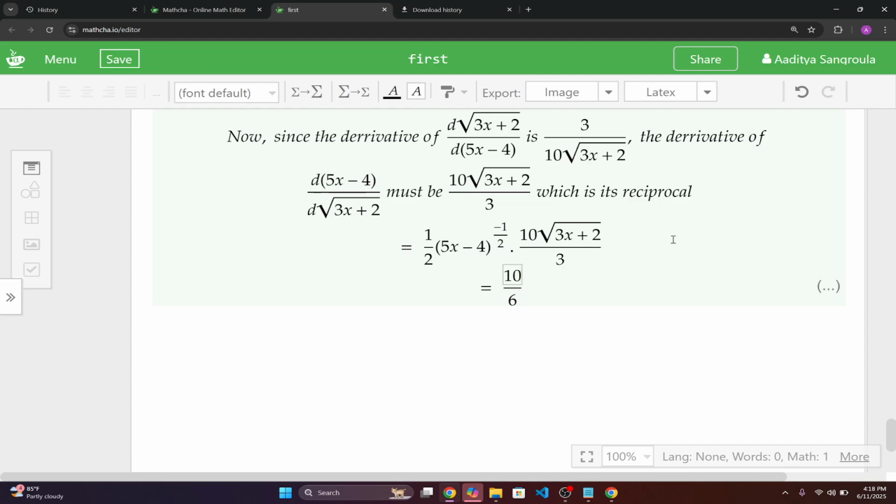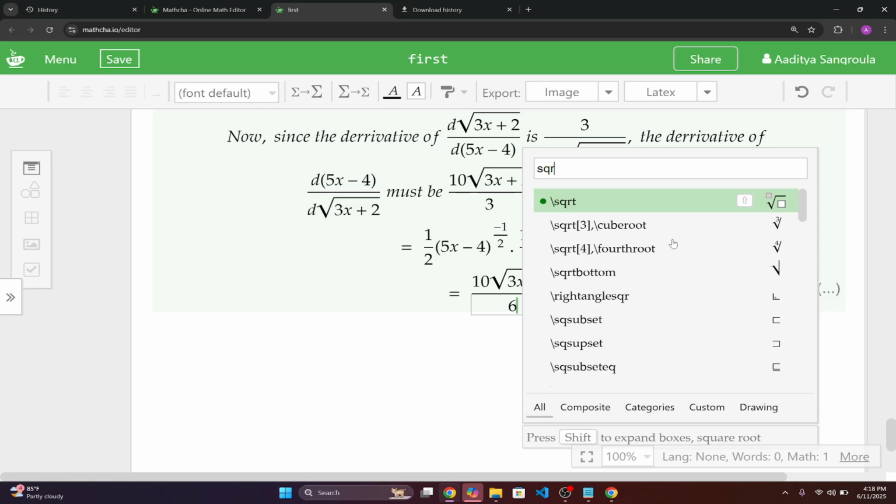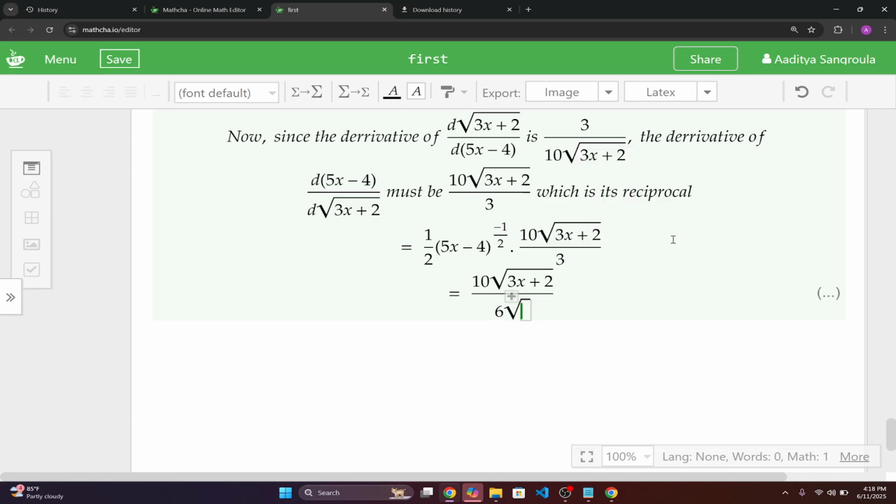10 square root of 3x plus 2 over 6 times the square root of 5x minus 4.